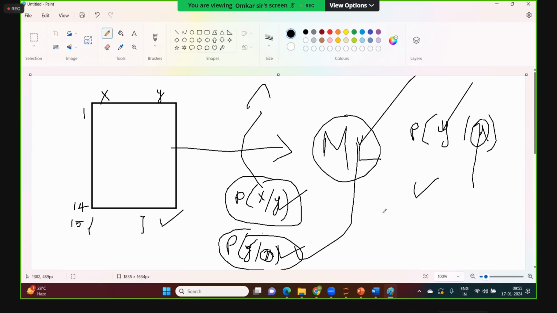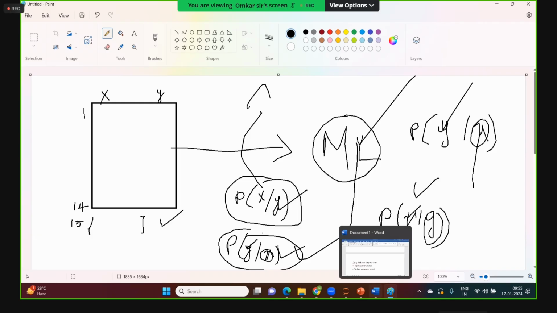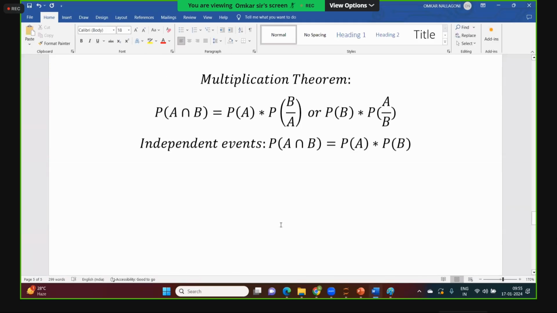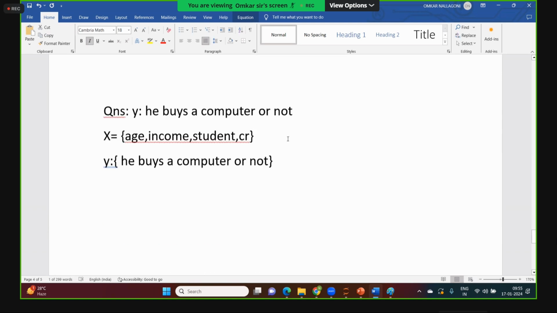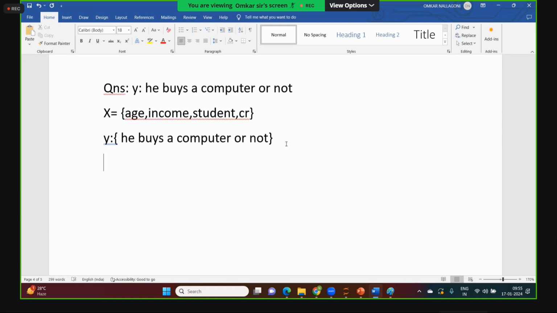From your data, you can get P of X by Y, because in your data both input and output are available. You are talking about output and you can check the input. So now the two questions are P of X by Y and P of Y by X.